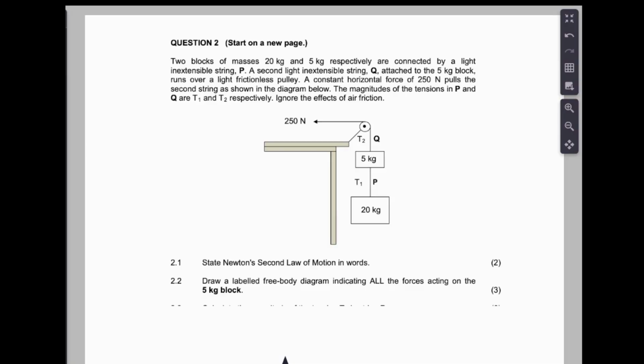Draw a labeled free body diagram indicating all forces acting on the 5 kg block. Now, what is important to understand here is that we have isolated the 5 kg block. For a free body diagram, you're going to draw a dot there. That is the 5 kg block. There's a force here and there is a force here. You're going to call this force T1, then you're going to call this force T2.